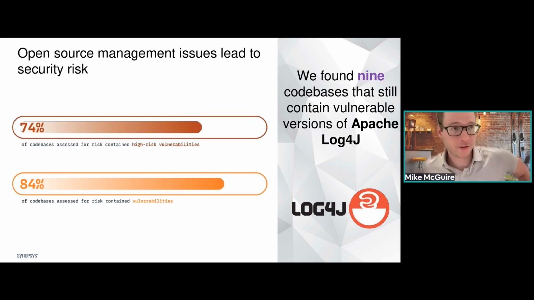Another concerning figure that's not pictured on this slide is the average age of a vulnerability. The average age of a vulnerability was 2.8 years old, right? So the average age of vulnerabilities floating around in all these code bases is almost 3 years old, unfixed. And a solid example of that is the fact that we're still finding vulnerable versions of log4j, right? 9% of the code bases still had vulnerable versions of log4j.